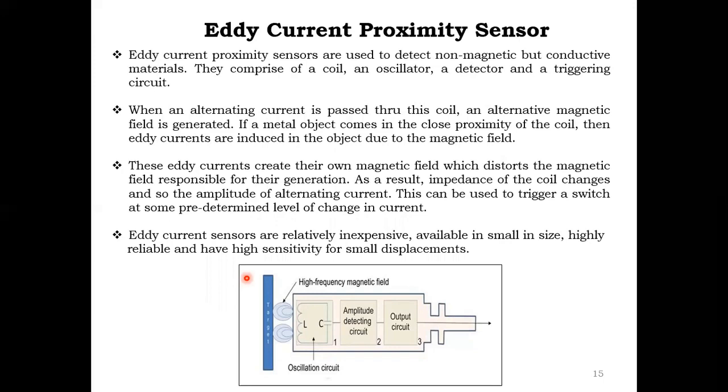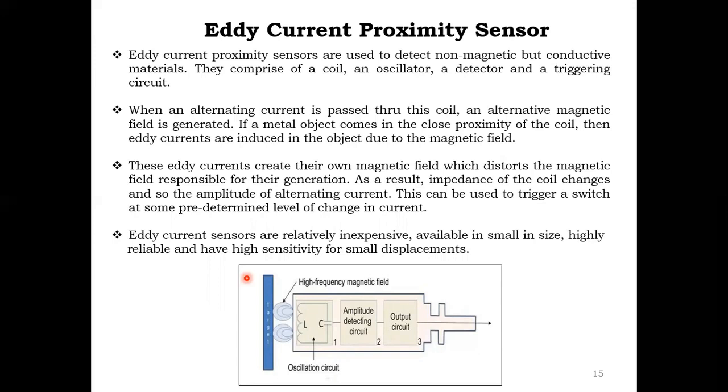Eddy current proximity sensors are used to detect non-magnetic but conductive material. They comprise a coil, an oscillator, a detector, and a triggering circuit. When an alternating current is passed through the coil, an alternating magnetic field is generated. If a metal object comes close to the coil, eddy currents are induced in the object due to the magnetic field.